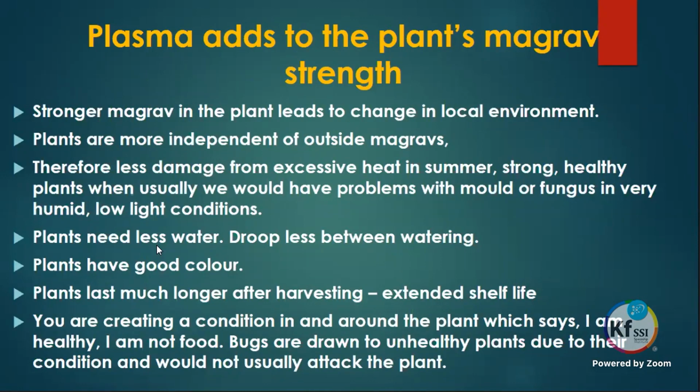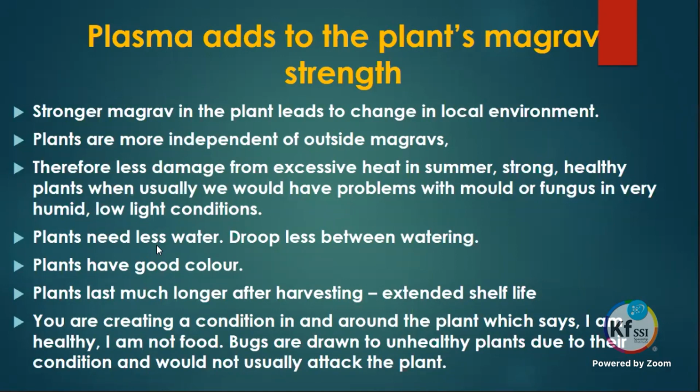A lot of experiments have been done and we've seen less damage from excessive heat in the summer, very strong, healthy plants, and very little problem with mold or fungus in very high humidity and low light conditions.